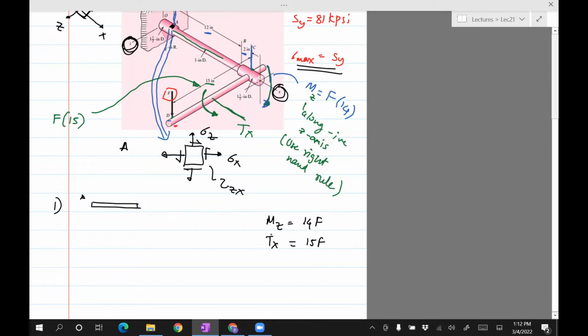M typically induces a normal stress. So if this is AB or AC, and there's a moment this way, then we know from our theory for bending moment and normal stress, let me draw this quickly again.